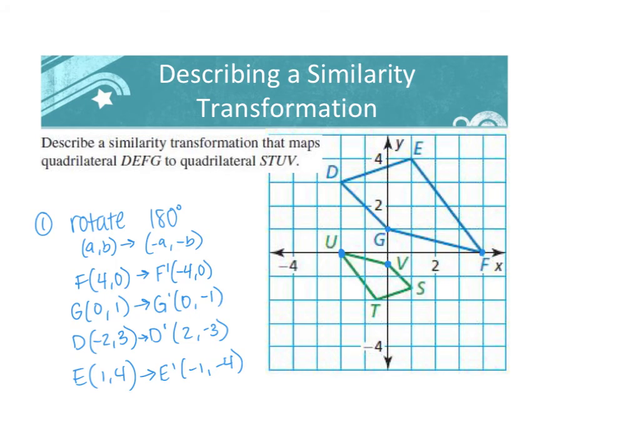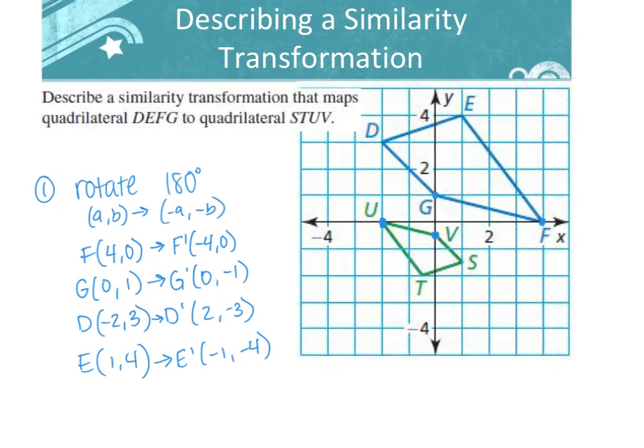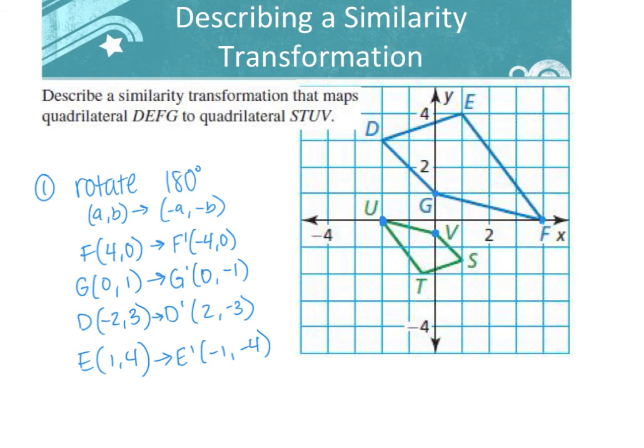When we plot this using a different color so we can see the difference, we're going to see that it does reflect a rotation of 180 degrees about the origin. So F prime is going to be right here. G prime is going to be (0, -1), excuse me, G prime. D prime is at (2, -3).